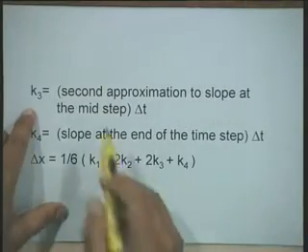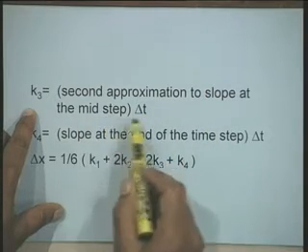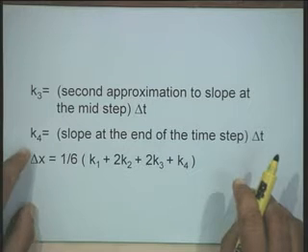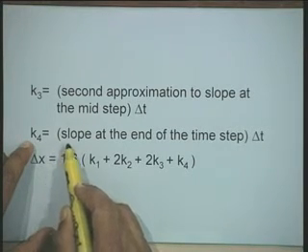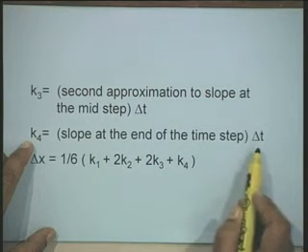K3 will be interpreted as the second approximation to the slope at the mid step into delta t. And finally, K4 is the slope at the end of the time step delta t.